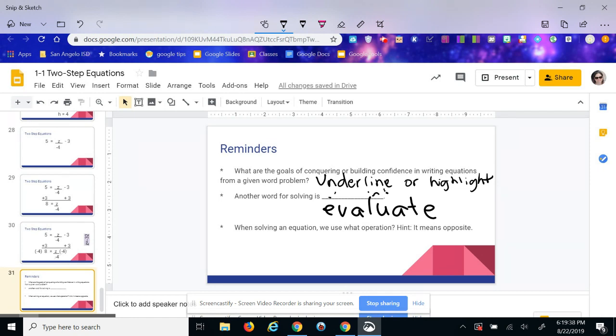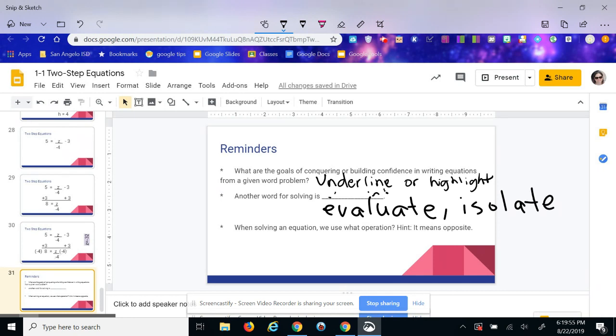It says evaluate the following two-step equations. So we can solve or we can evaluate. Sometimes we can isolate the variables. That's another one. Isolate.